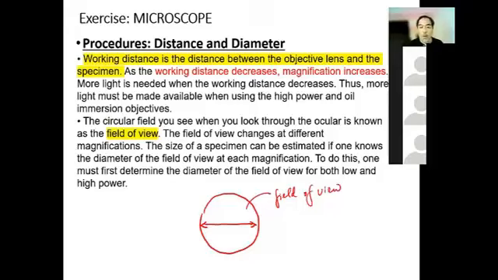So the field of view changes at different magnifications, right? At 4x, the scanning objective, you can see the whole E.